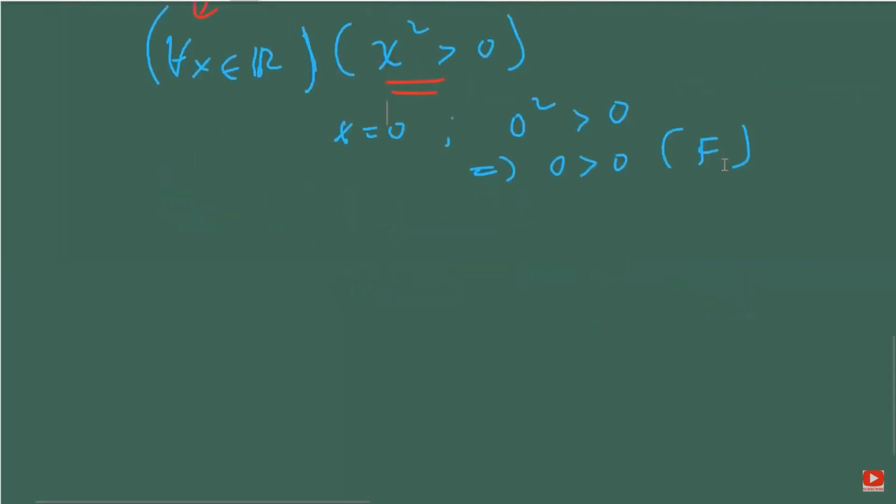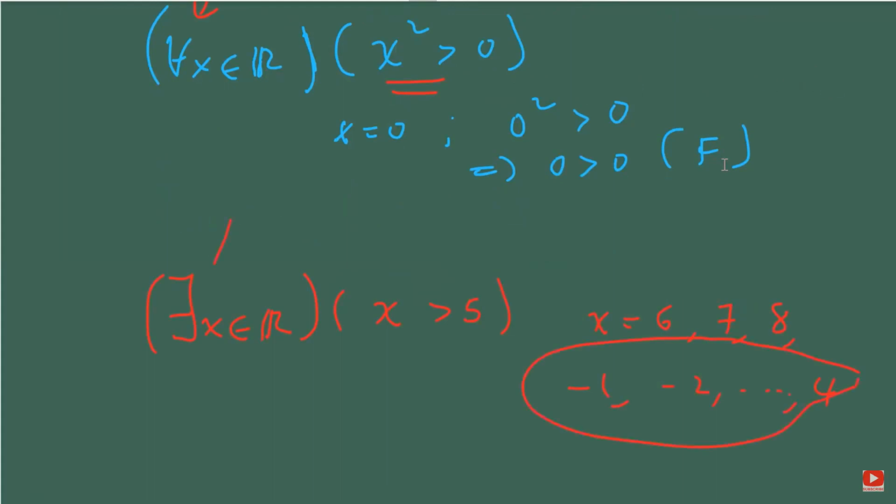But in the case of the existential quantifier, there exists x an element of the real numbers such that x > 5: yes, we can find, for example, x = 6, 7, 8. Values like -1, -2, up to 4 give false, but we have checked that some value satisfies it. This is the difference between the universal quantifier and the existential quantifier.